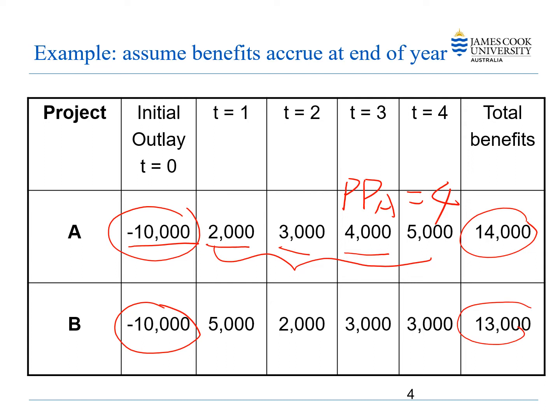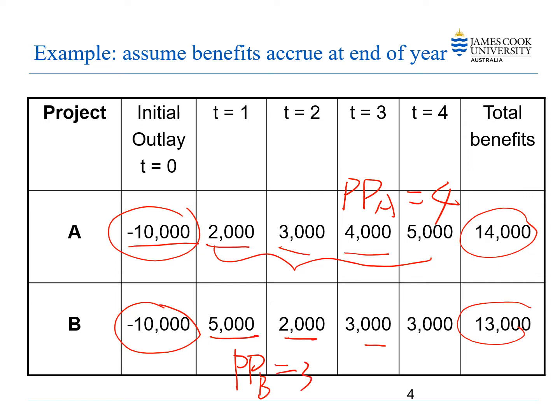For project B, let's calculate the payback period. How many years do we need to recover this $10,000 initial investment? We need year 1, year 2, year 3, and then we get $10,000 back. So the payback period for project B is 3.